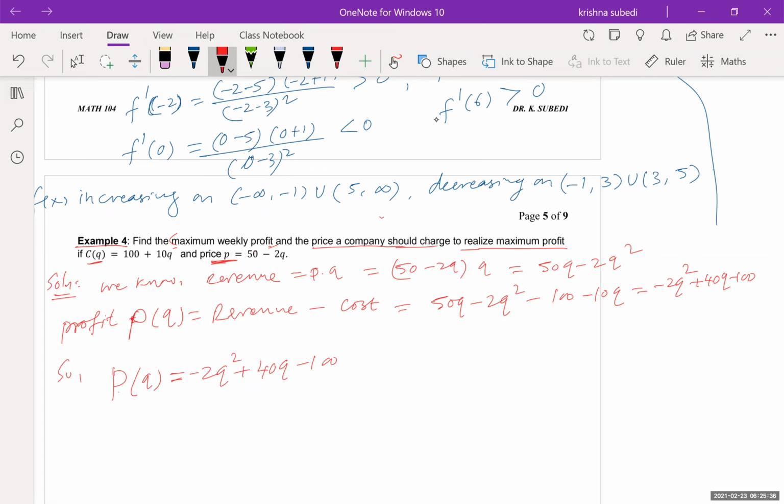Now, again, using the 4-step method, I would like you to complete this by yourself. Take 5 minutes or so, and once you complete, then we will discuss.